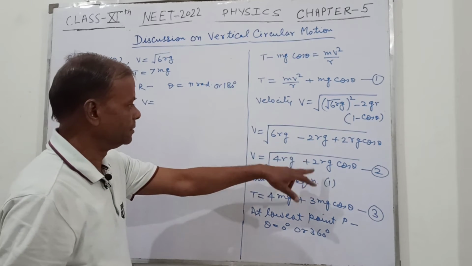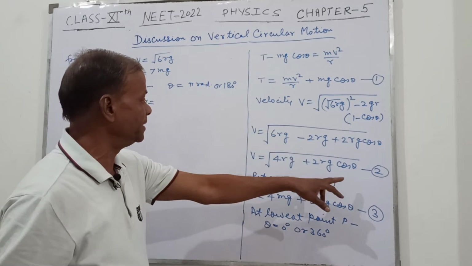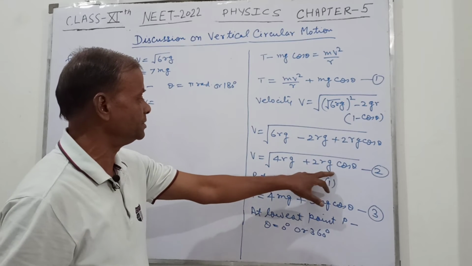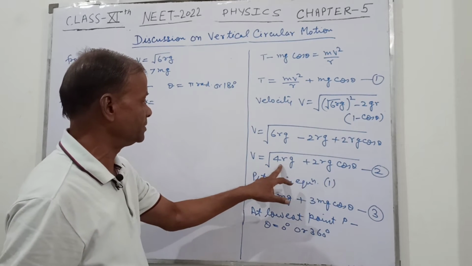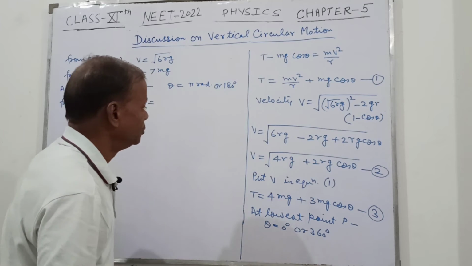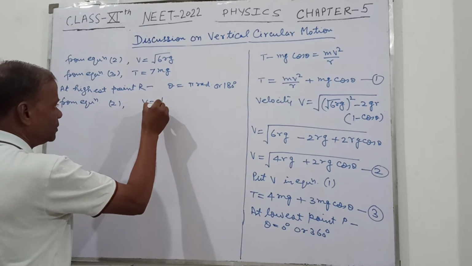Then what will be here? This cos 180 equal to minus 1. So this is now minus 2 rg. So this is now 4 rg minus 2 rg. This is now here 2 rg. Square root of 2 rg.